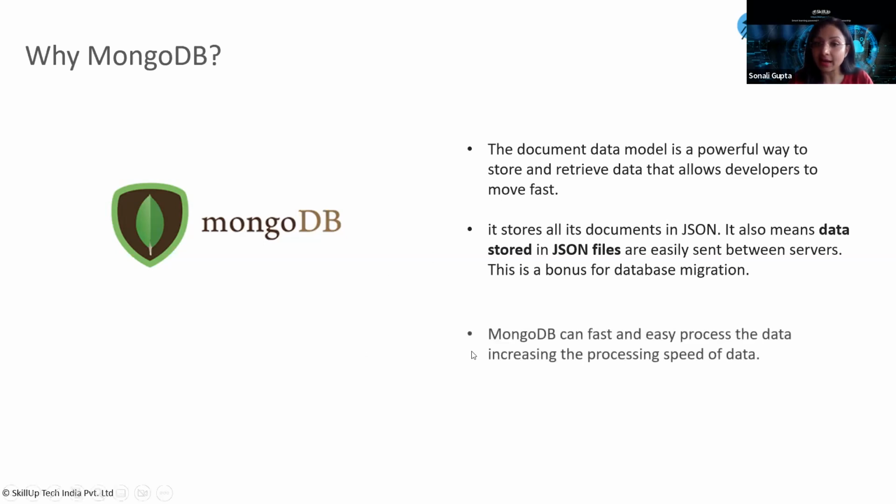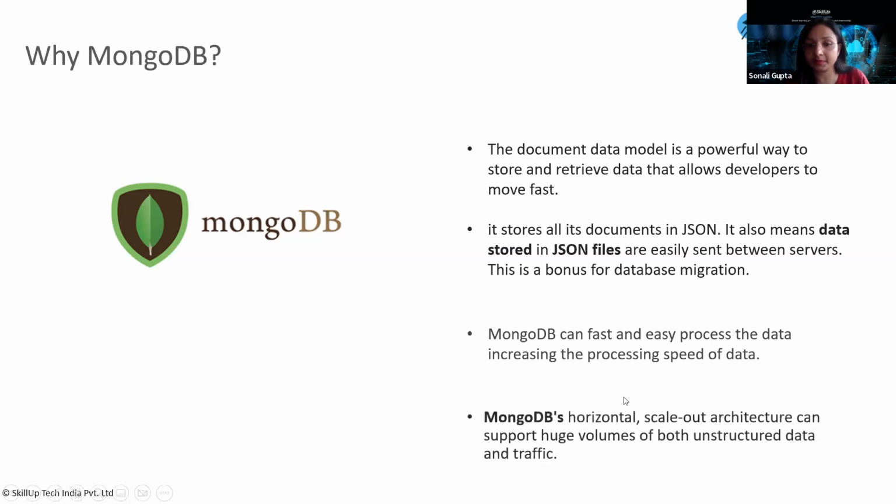And lastly, MongoDB can process data fast and easily, increasing the processing speed of the data. And that is the main reason why it is mostly used in website creation. And as I told you, NoSQL is horizontally scalable, and so is MongoDB.